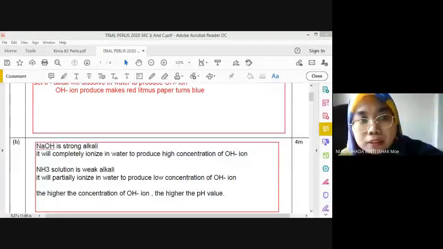to question 2, C1. You are required to prepare a standard solution of sodium hydroxide solution with the concentrations of 0.02 mole using 250 cm3 flask and the sodium hydroxide from beaker A. Maksudnya daripada beaker A tu kalau kamu tengok dia guna 0.1 mole.